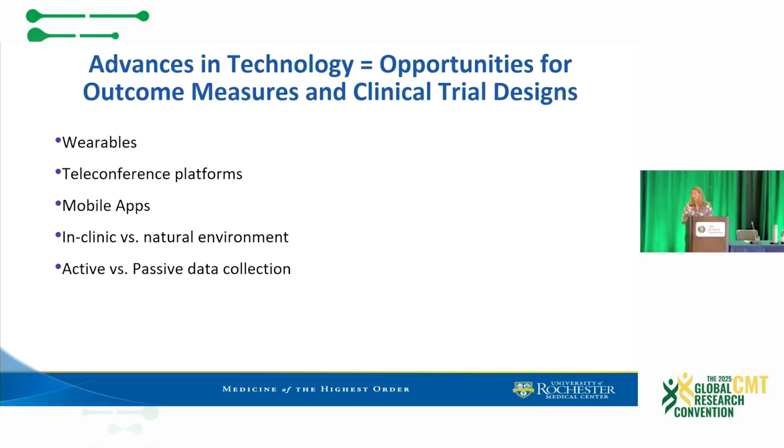So as in many other areas, research and technology has really prompted us to consider how to use technology for other potential outcome measures, as well as how to think about different clinical trial designs. And so the use of wearable sensors has really grown with the advances in technology because it's become much more miniaturized, and we can now fit accelerometers and gyroscopes, which are sensors of motion, onto tiny little chips, making wearable sensors a possibility.